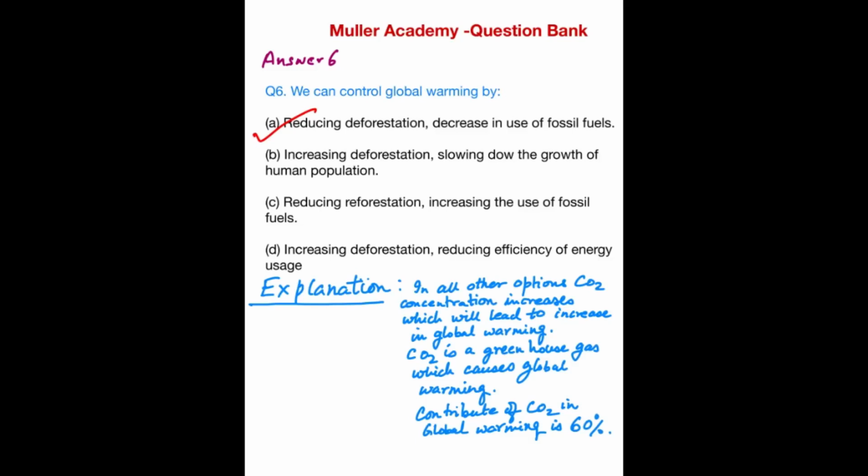So the first option is correct, reducing deforestation and decreasing the use of fossil fuel. Why is this correct? In all other options, CO2 concentration increases. So what happens when the CO2 concentration increases? This increases global warming.